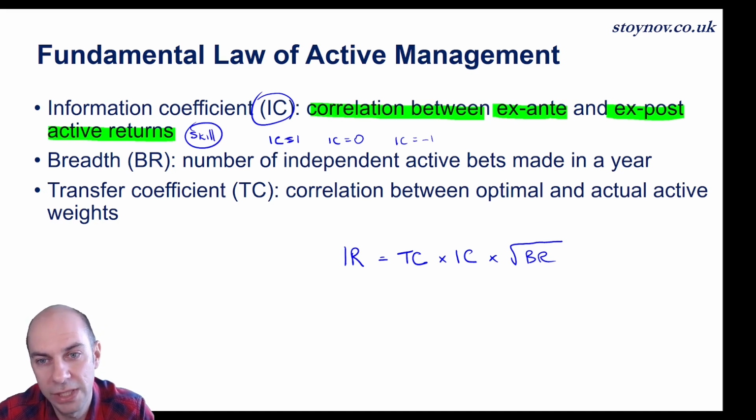And in fact, there was an ETF called Inverse Cramer that was basically following the opposite of what Cramer was saying on X, on Twitter. But obviously that's a joke. I think probably his information coefficient is much closer to 0 than to -1. But the information coefficient is going to measure your ability to predict the future.